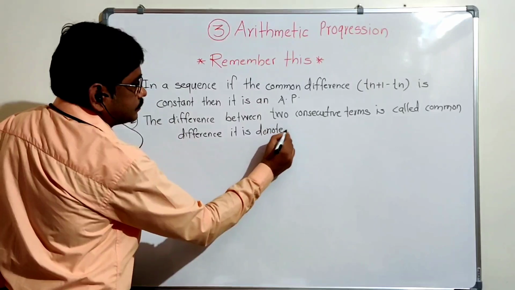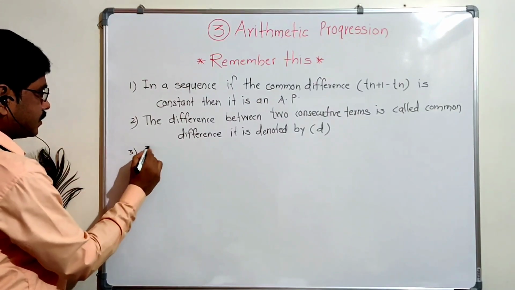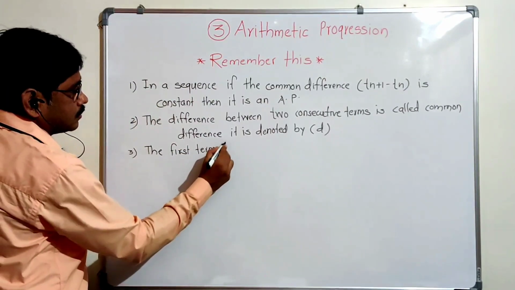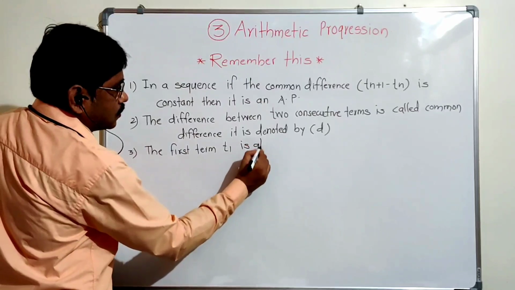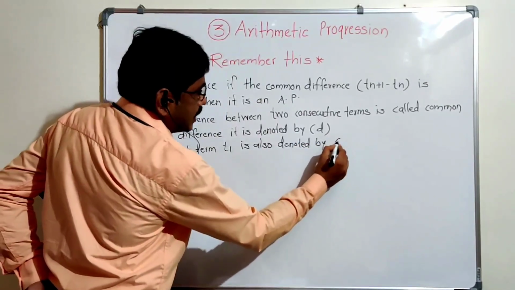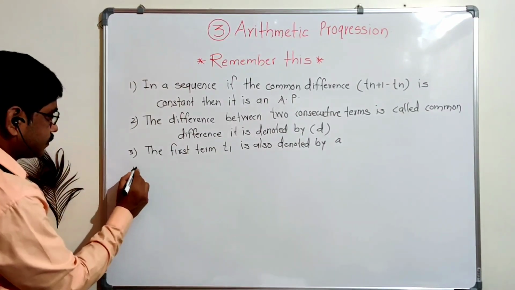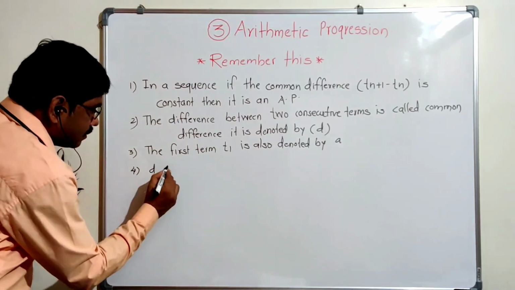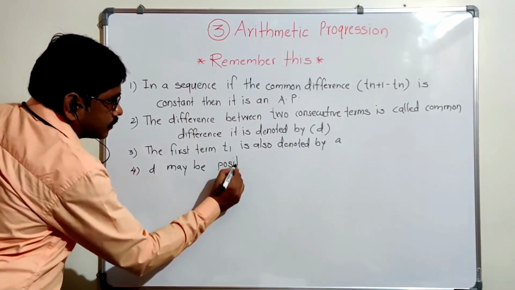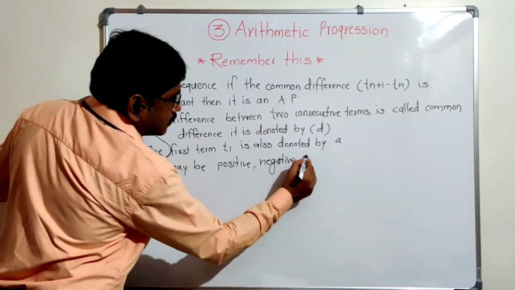It is denoted by small d. Now next step, the first term T1 is also denoted by A. In AP, the first term is also denoted by A. So the value of D may be positive, negative, or 0.